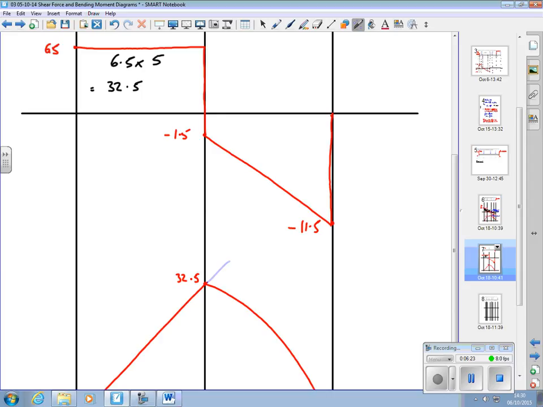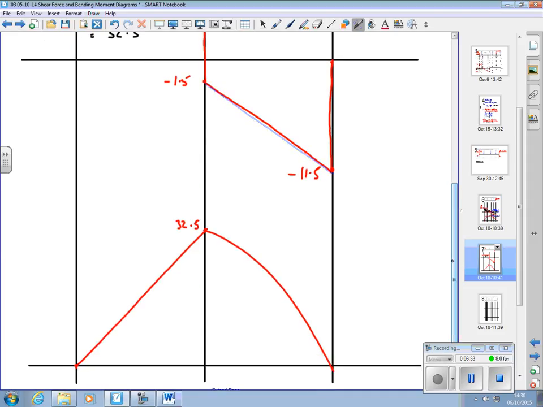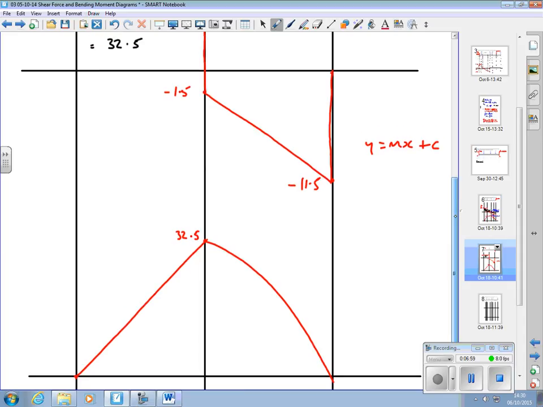If you remember what I said at the beginning, this gradient function here is what we're interested in. If I integrate this gradient function, I end up with a function that describes this curve. And if you think about this gradient function, what's the equation of this line? Well, it's going to be something like y equals mx plus c, because it's a straight line. m is going to be negative, and c is going to be the y-intercept, which will be somewhere up here.